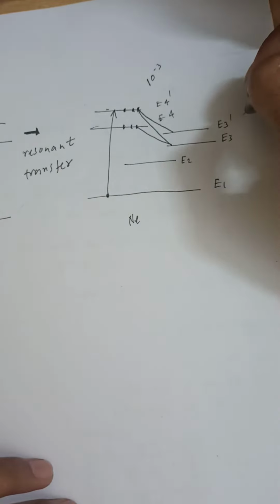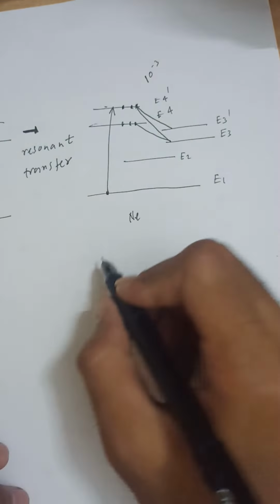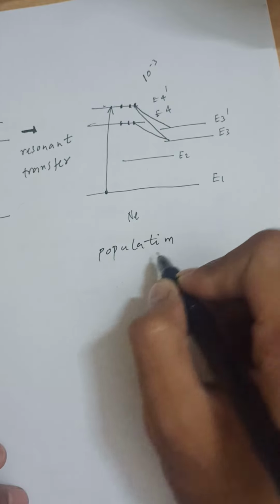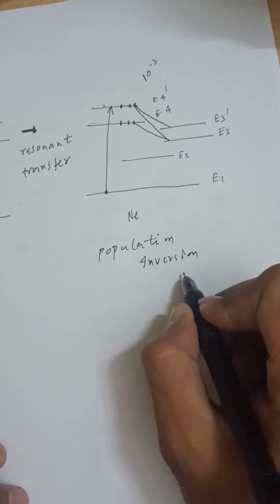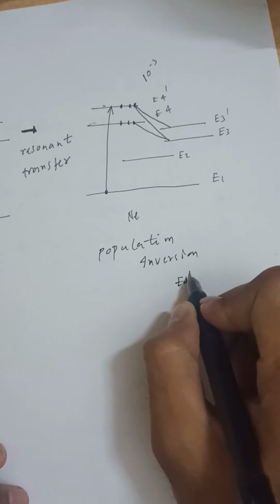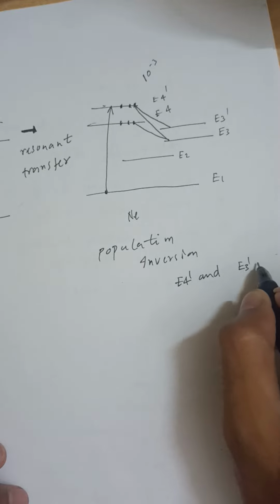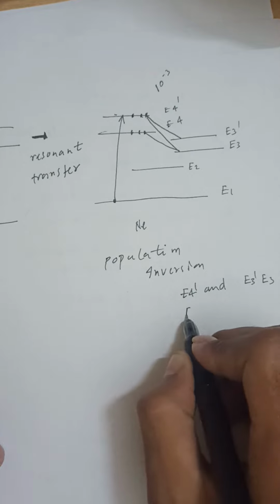After that it will de-excite to E3 prime and E3. Thus population inversion is created between E4 prime and E3 prime, E3, and between E4 and E3.